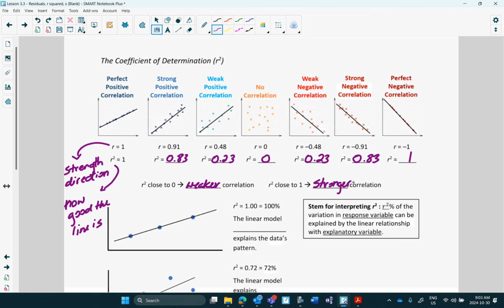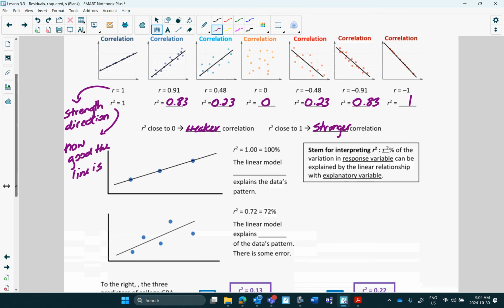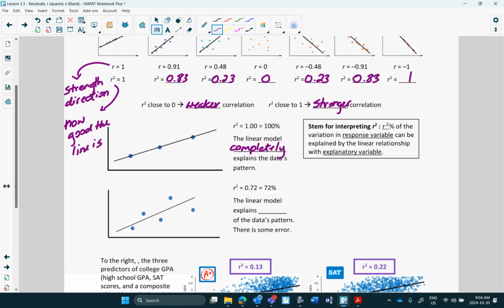So if all the points fit exactly on the line, like you see there, r squared is 1 or 100%. That means that the line completely explains the data. As it starts to go down, the line can still be a good predictor, but not as great as it would be if it was higher.